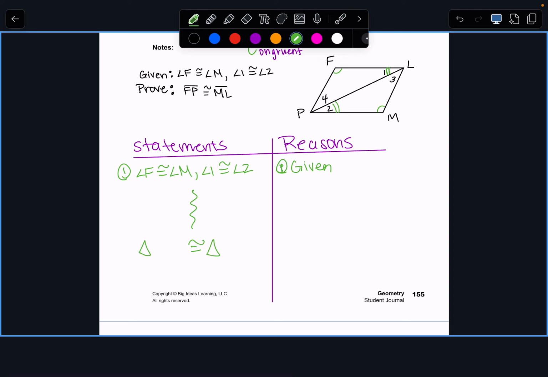And our very last step always has to be the prove. But when we're talking about just two sides of a pair of triangles or two angles from a pair of triangles, then our last reason is going to be CPCTC. Okay, so that is what our goal is.